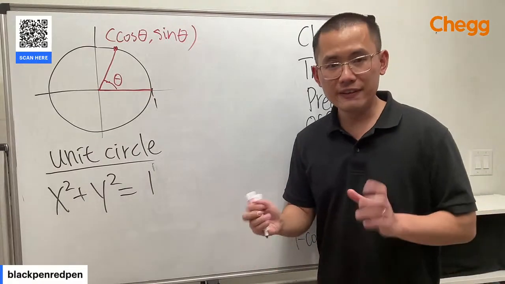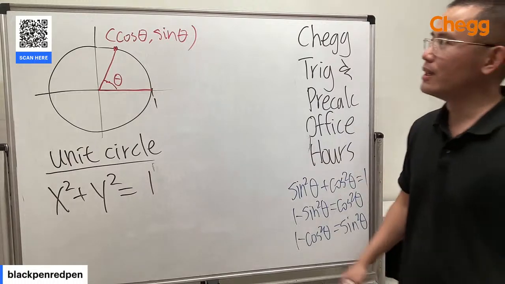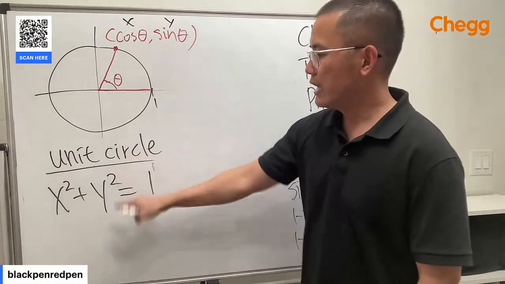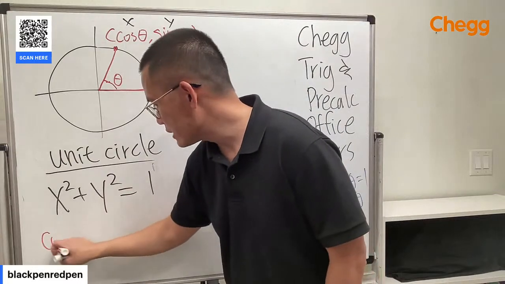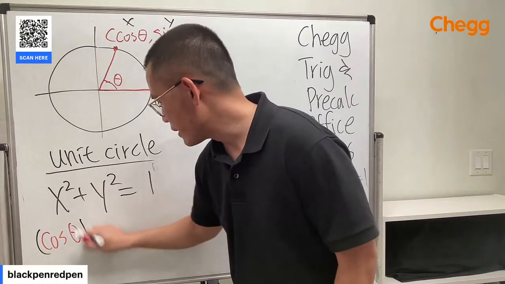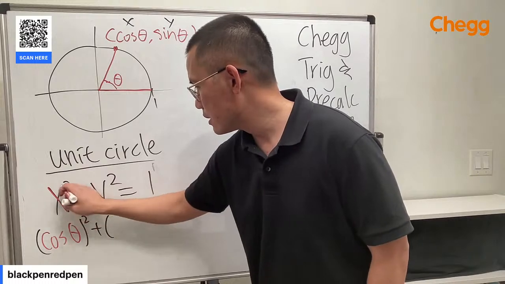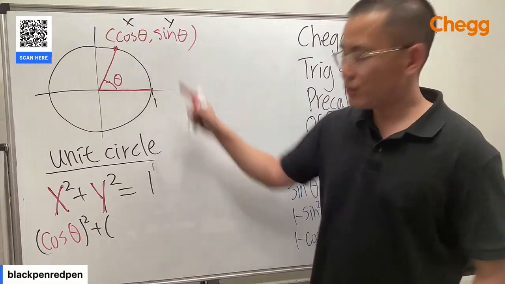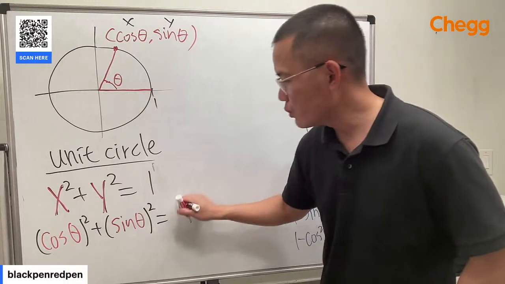That's it. And in fact, you just proved this Pythagorean identity. Why? Because this right here is the x value, this right here is the y value. Throw them in. Put this right here, you will have cosine theta, and then I'm going to square that, plus the y, sine theta, and then square, this is equal to 1.